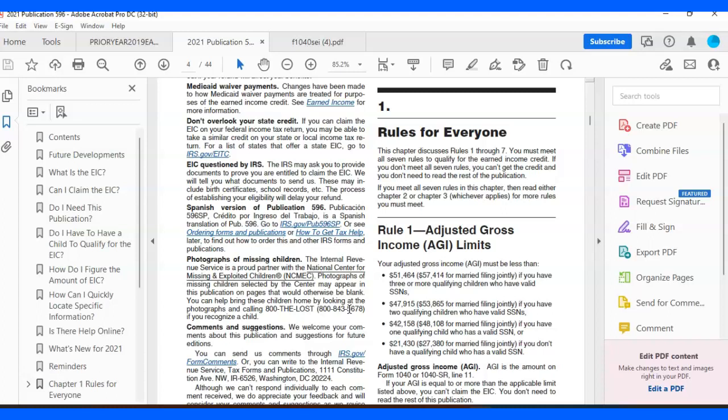So for people who have three children and are married, if their income is less than 57,414, they are qualified for some type of earned income credit based on having three kids and being married.